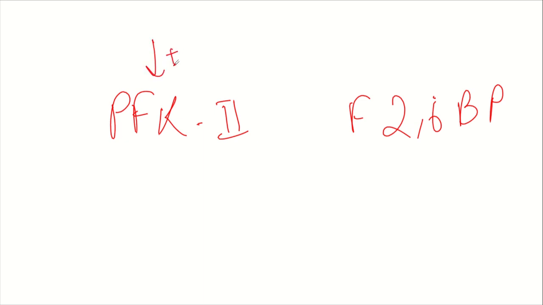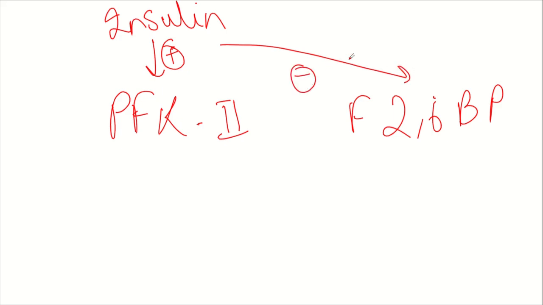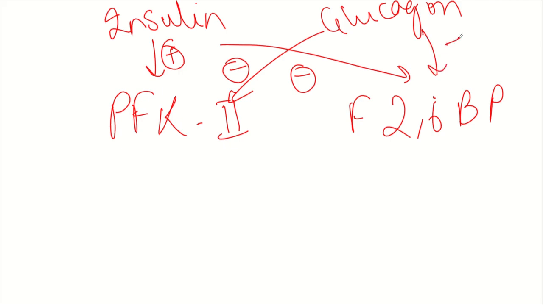So insulin promotes phosphofructokinase 2 and it inhibits the fructose 2,6 bisphosphatase enzyme. The reverse happens in the case of glucagon. Glucagon inhibits phosphofructokinase 2 and it promotes fructose 2,6 bisphosphatase.